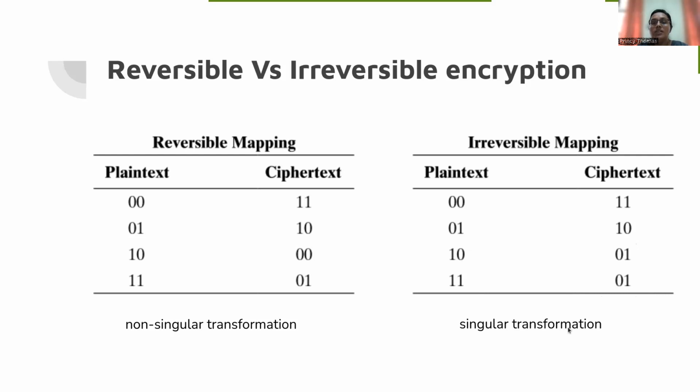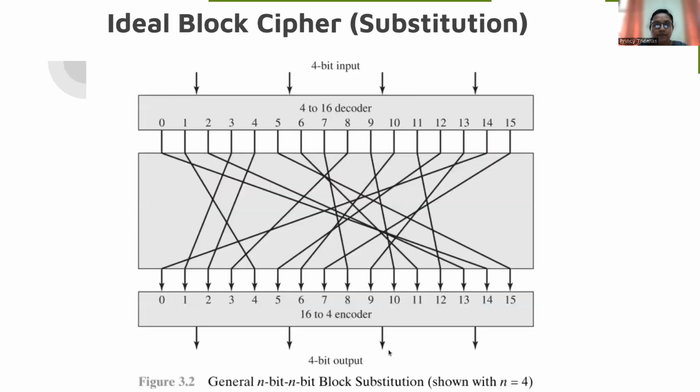Okay, so this is called a singular transformation, one-way transformation. So this is singular transformation. And in the reversible mapping, we know how to transform from plain text to ciphertext and from ciphertext to plain text. So this is a non-singular transformation.